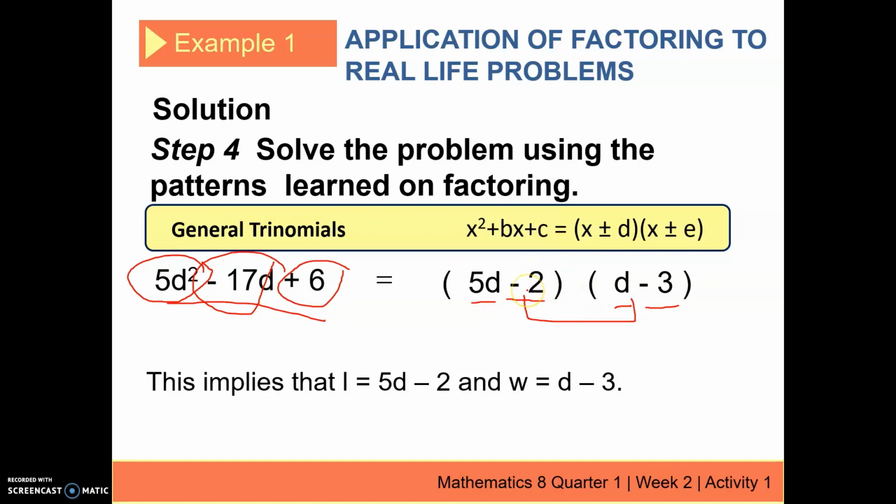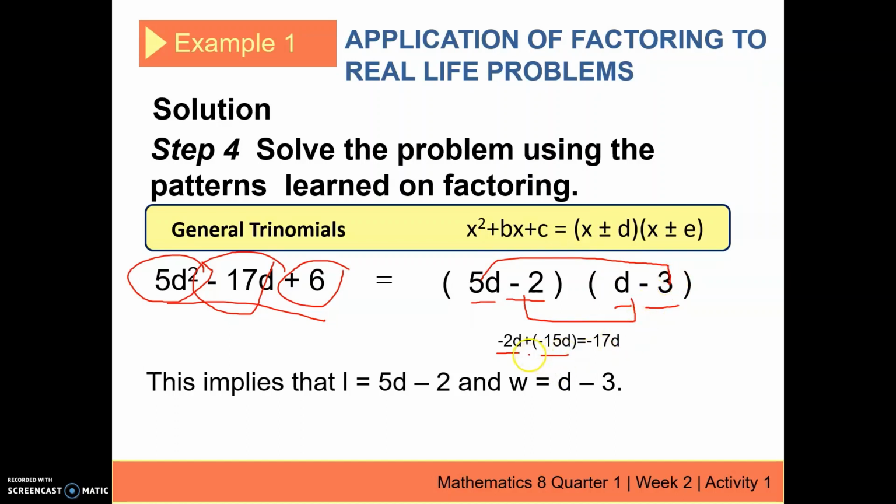So the means here is the negative 2 and d, and the extremes is the 5d and negative 3. Let's start multiplying the means. Negative 2 times d equals negative 2d, plus the product of the extremes, 5d times negative 3 equals negative 15d.